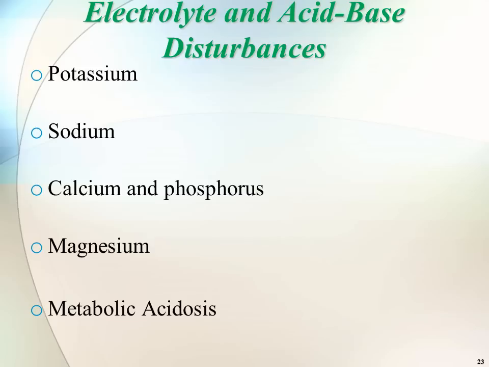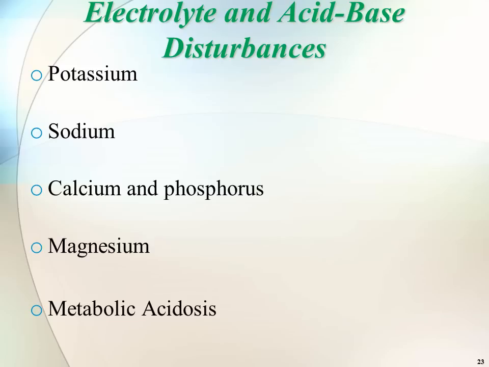Then there's good old calcium and phosphorus. We have increases in phosphorus. Phosphorus and calcium always run opposite. So if calcium is high, phosphorus is low. If calcium is low, phosphorus is high. Phosphorus is high because calcium is low, and calcium is low because we don't have GI absorption of calcium.